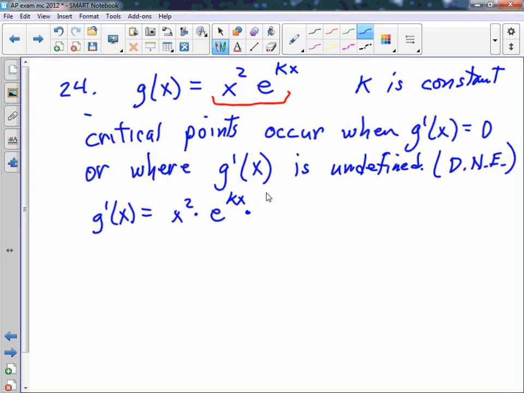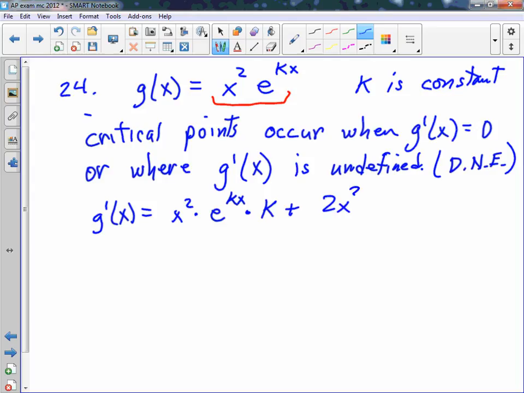E to the kx chain rule says, what if this were 3? You'd say, well, it's e to the kx times 3. So it's just times k. Don't let that k freak you out. You remind me of Algebra 1 students with pi. They freak out. It's just a number, and so is k. So it's the first times the derivative of the second, then what?